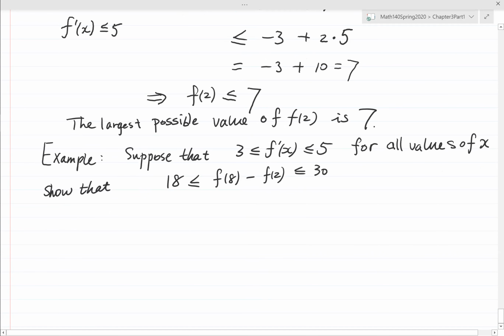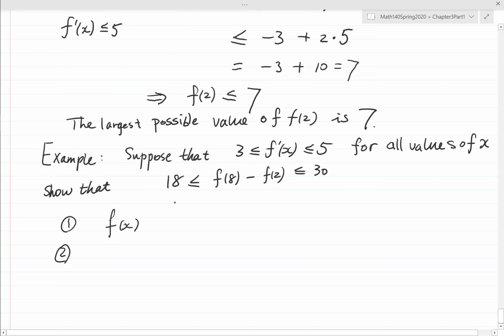So the idea is we use the mean value theorem. The mean value theorem tells us that the difference of two function values can be obtained by multiplying the average velocity times the change of input. Now we first check that the mean value theorem applies. First of all, f is continuous.